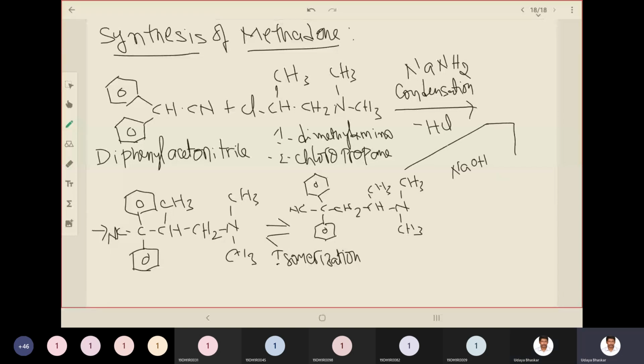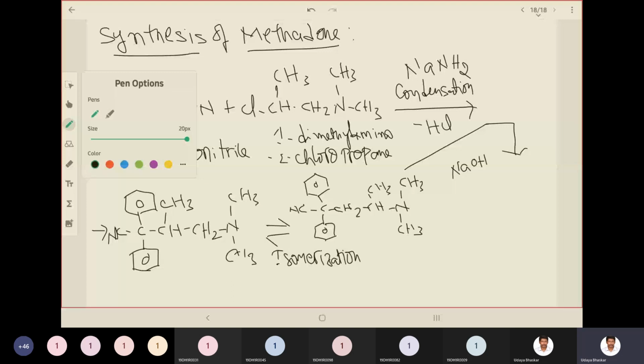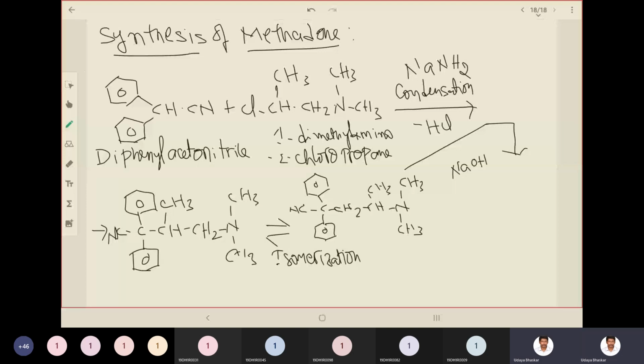So the Grignard we have used here is ethyl magnesium bromide, C2H5MgBr. This is the Grignard reagent we are using, and we got methadone as our final molecule. So how does it look? Writing it below. So I write here.